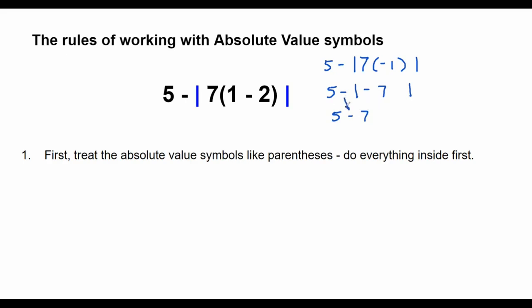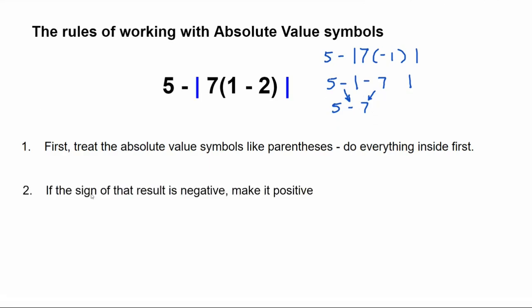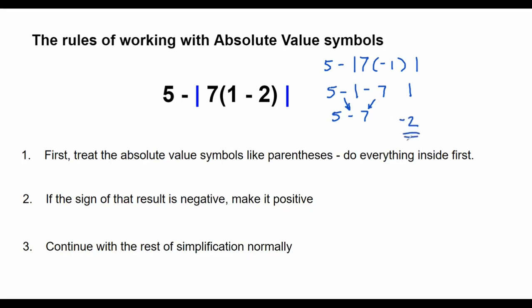This subtraction comes from here. A positive 7 comes from there. And now we just simplify normally. That's going to be the next step. The sign of the result of our absolute value was negative 7. We ignored that. We made it positive 7. And then finally, we continue with the rest of the simplification. Normally, that gives us a result of negative 2. 5 minus 7 is negative 2.